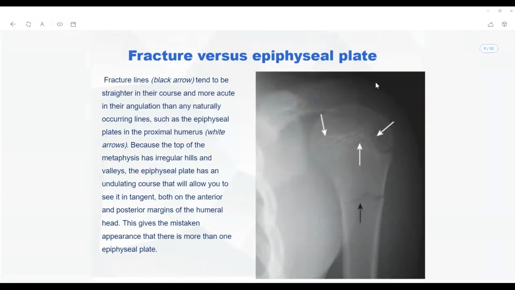Did you get it? Unless there is a cartilage problem, generally a cartilage is not seen on an X-ray. A cartilage is best analyzed on an MRI.